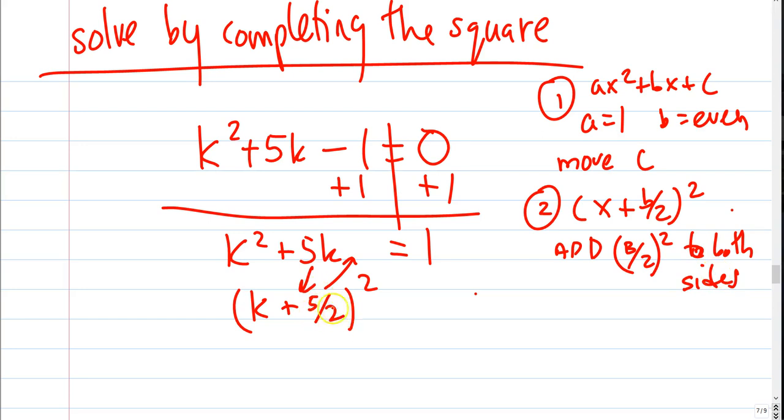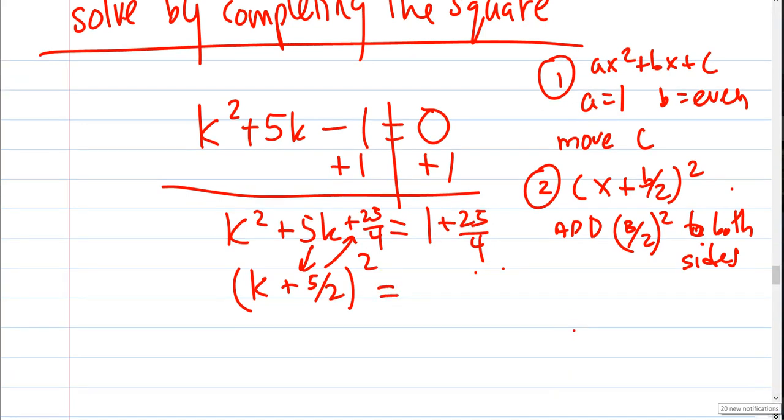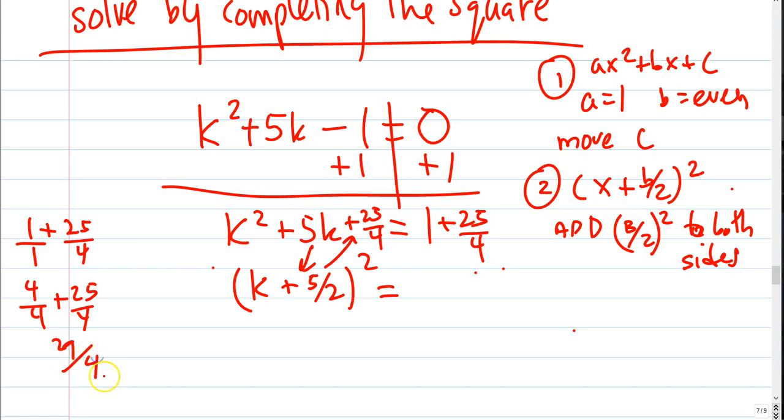Basically, I'm going to have 5 halves times 5 halves, or 25 over 4. Now on the right side, I've got 1 plus 25 over 4. Please feel free to use a calculator for that. But if you're not sure, 1 plus 25 over 4, common denominator, 4 fourths plus 25 over 4, is 29 over 4.